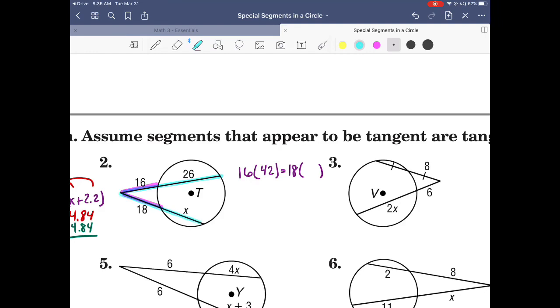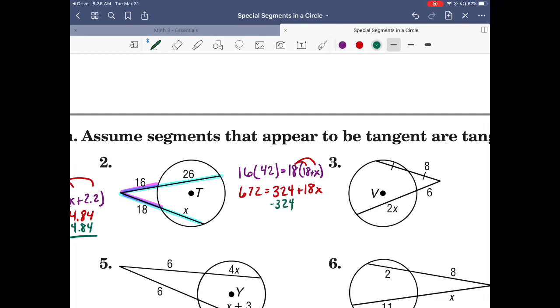So we're going to add them together, and we have 18 plus x. Okay, multiply together. 16 times 42 is 672, equals 18 times 18 is 324 plus 18x.